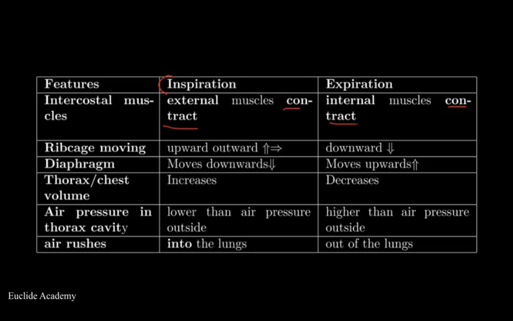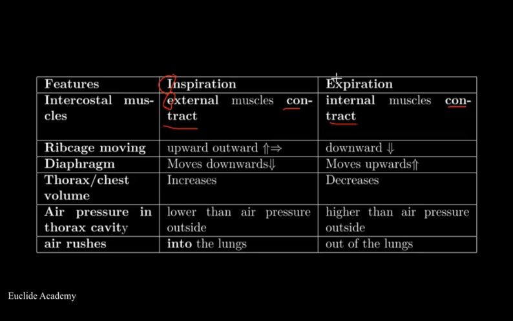So what I can help you remember is this: inspiration has got an E. When you talk about the external muscles, which have got an E, we can say that these muscles contract.